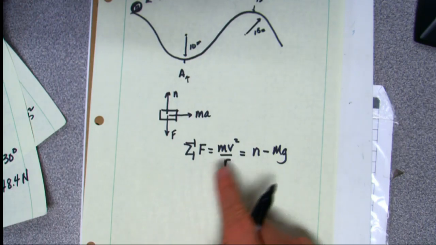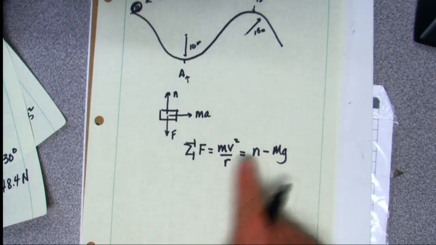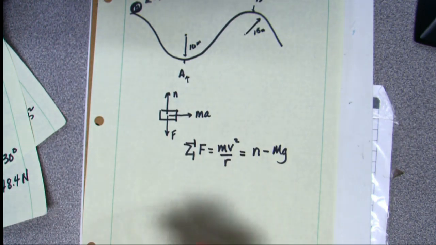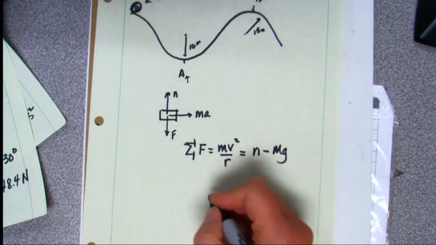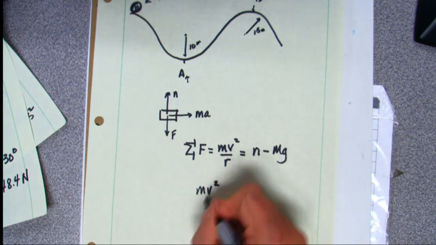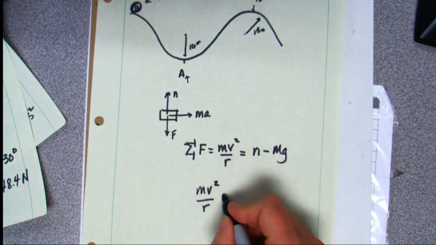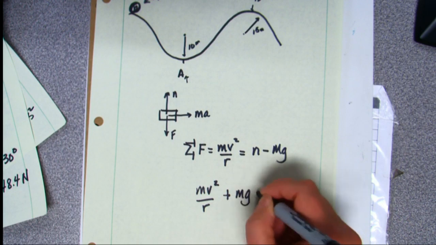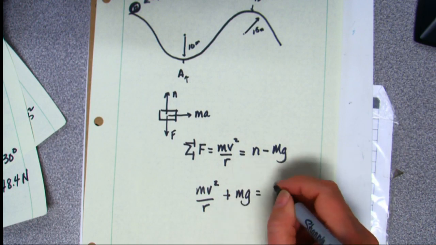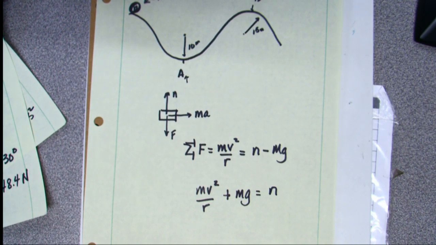Solving for the normal force, because that's going to be opposite the other, I get mv squared over r plus mg is equal to n.